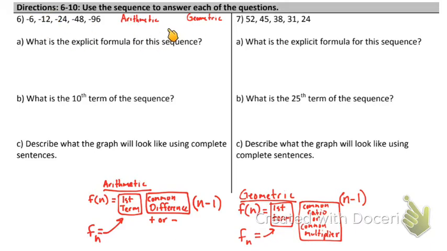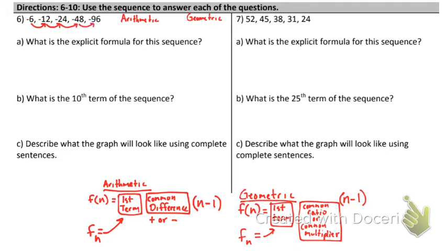This is a good tool to have just in case the numbers that you are given in the sequence are not really nice numbers. You might have fractions in here or decimals, and that's going to be really hard to see if it's geometric or arithmetic. So our goal right now is to figure out what I am doing to get to the next term and the next term and the next term.